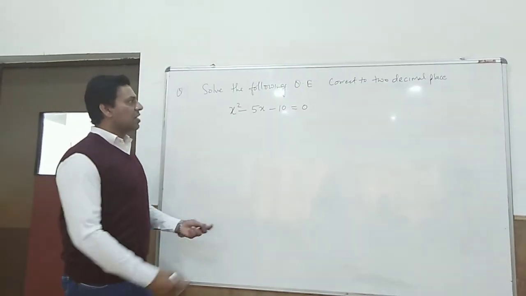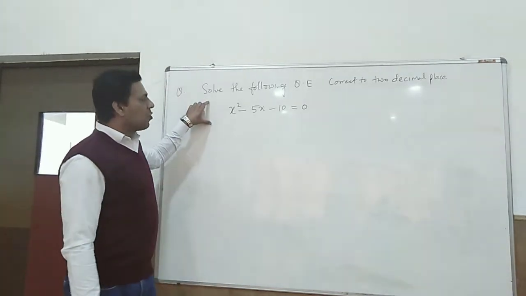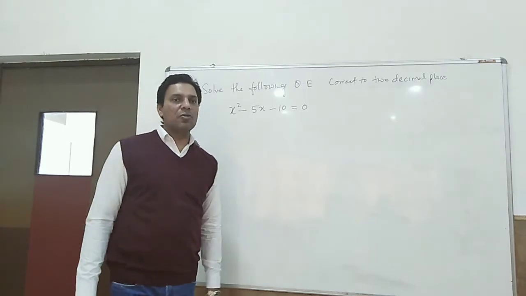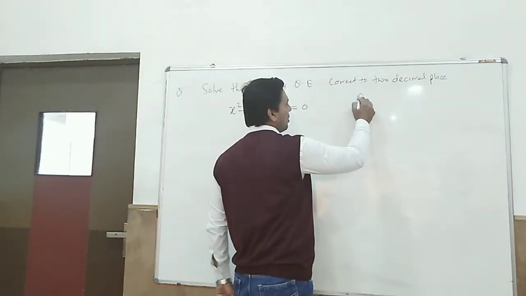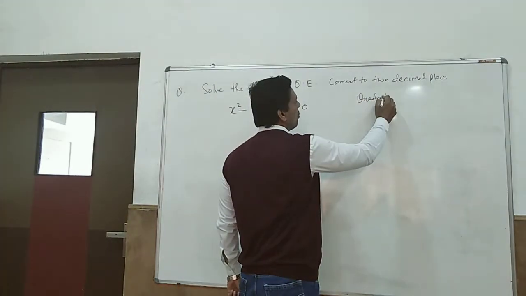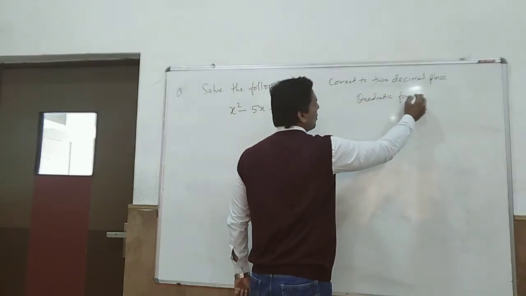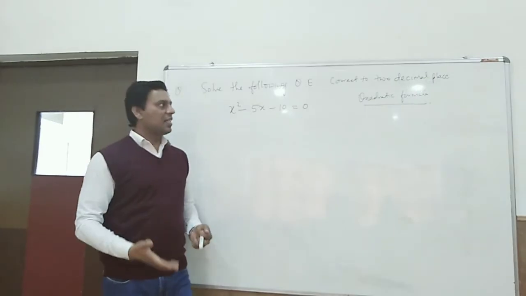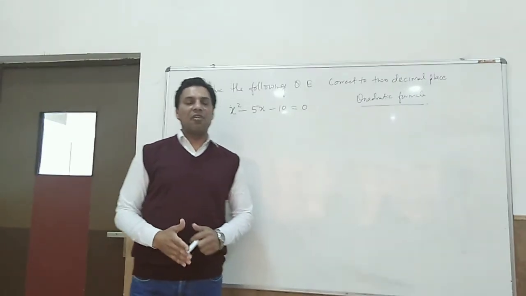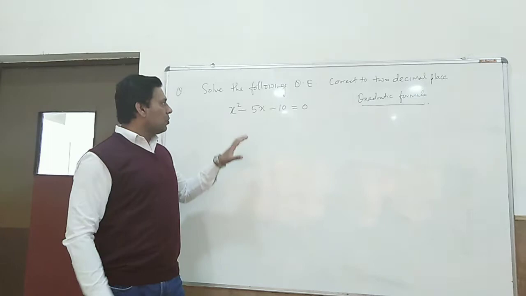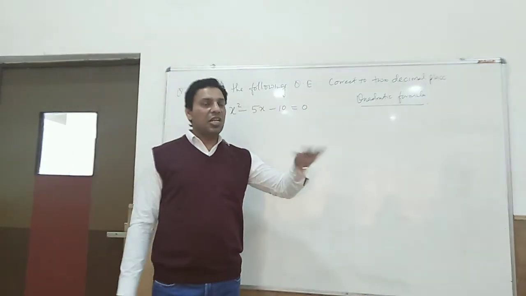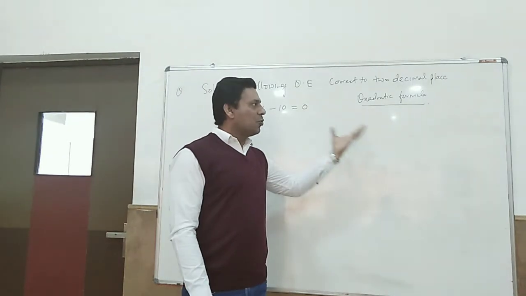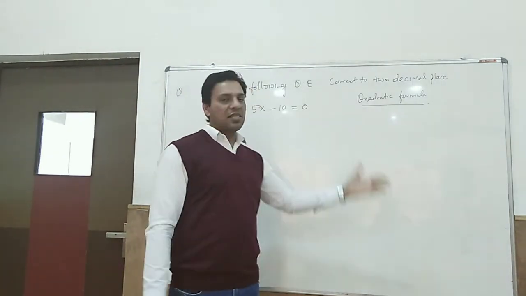Okay, so we have another question. We have to solve this quadratic equation by using the quadratic formula. Sometimes there are quadratic equations in which we cannot easily split the middle term into two parts so that the product is minus 10.